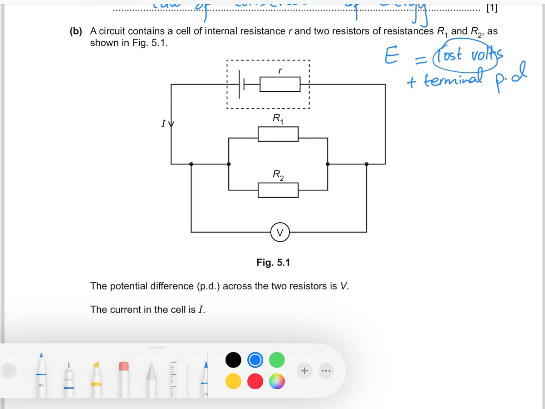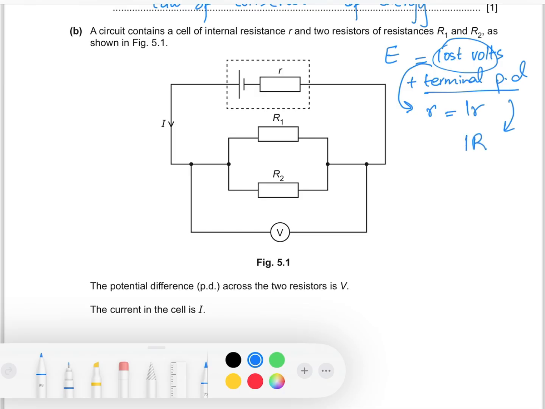Lost volt is the potential difference that's supplied to the internal resistor. So lost volts is equal to Ir, and terminal potential difference is the potential difference that's accessible to the electrical components inside the circuit.